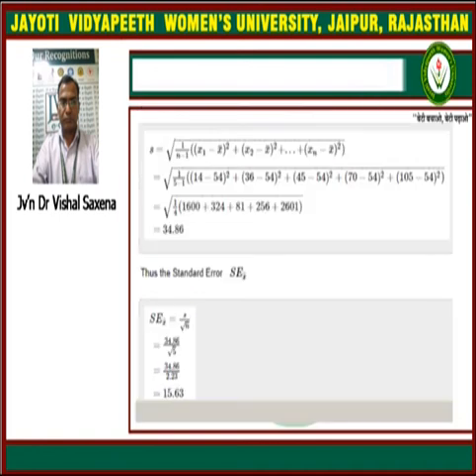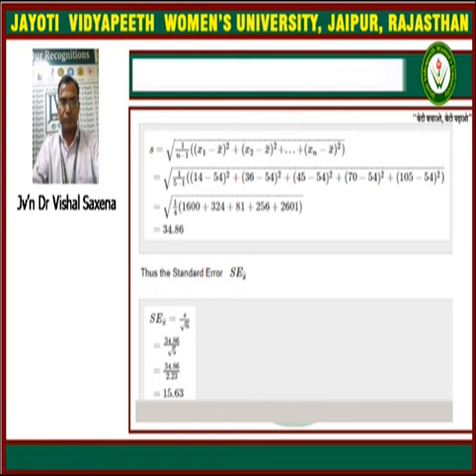Next we will find the standard deviation. The standard deviation is given by the formula square root of 1 upon n minus 1 times (x1 minus x bar) whole square plus (x2 minus x bar) whole square plus, till the term (xn minus x bar) whole square.